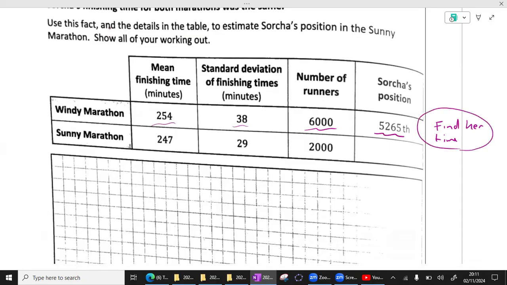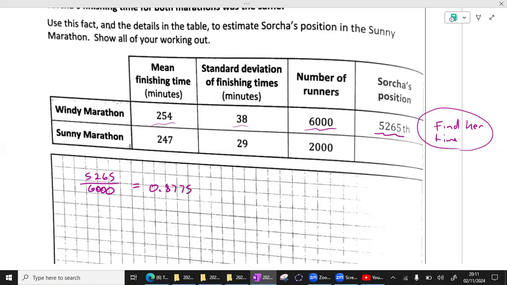So the first thing is, if she came 5,265th out of 6,000, straight away we can write down what that would be as a percentage or a decimal. So let's see what that is. Okay, so this is our decimal, 0.8775.